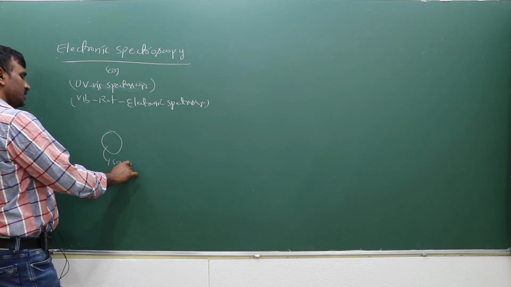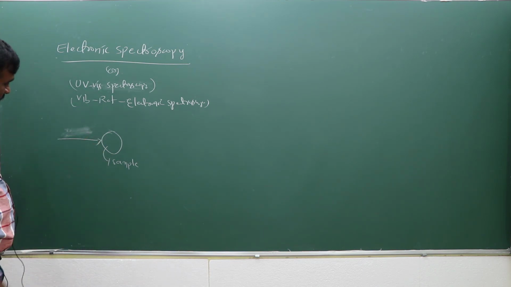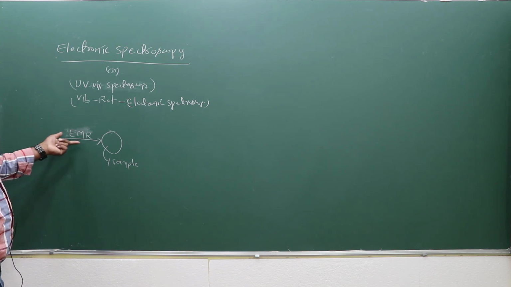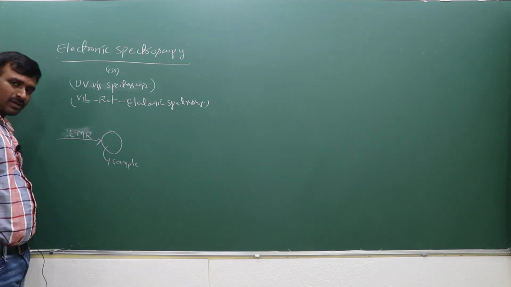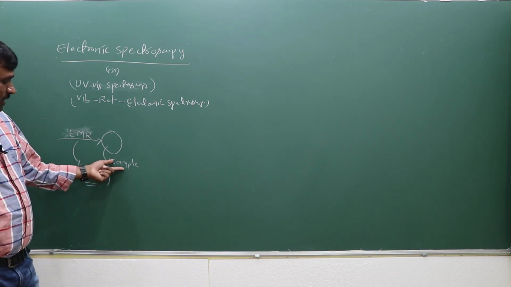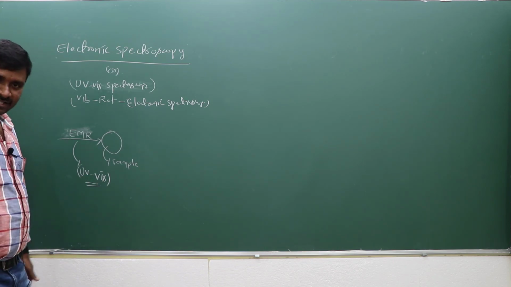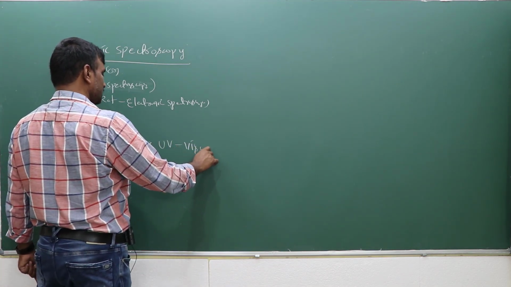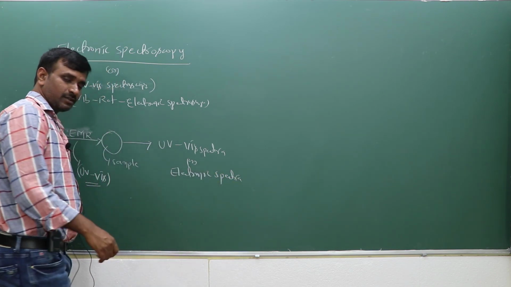If the sample is subjected to interaction with, or irradiated with, or we pass through it, the electromagnetic range of radiation, and this particular sample absorbs the UV visible range of radiation, then this sample will give the UV visible spectra, or electronic spectra.